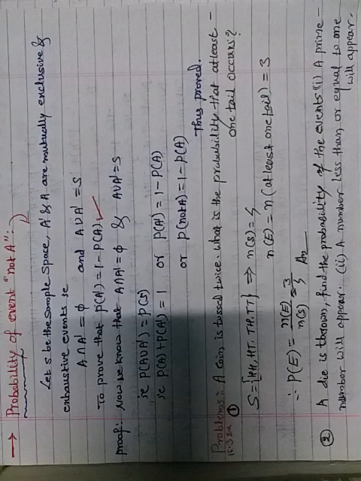The second question. A die is thrown. Find the probability of the events: first, a prime number will appear; second, a number less than or equal to 1 will appear. Once again, recall the question.